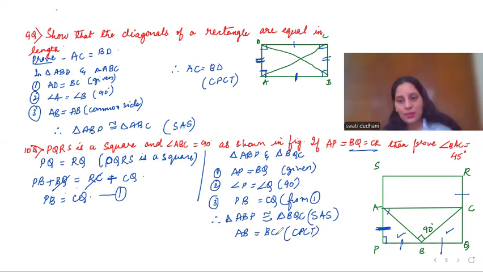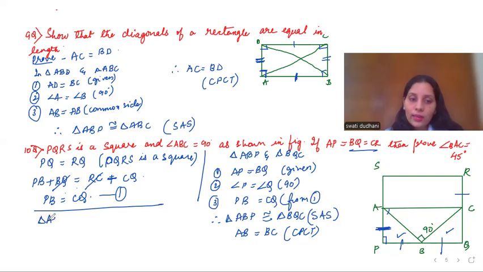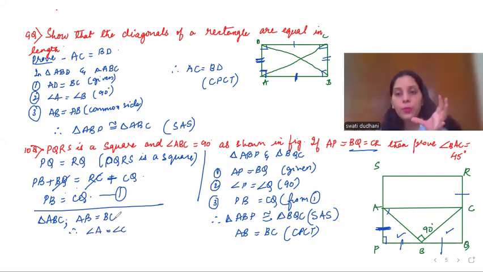Now, if I consider triangle ABC, in triangle ABC, AB and BC are equal, we have proved. Therefore, angle A and angle C will also be equal. If the sides are equal, their opposite angles will be equal to each other. So, I can assume both of them to be X.